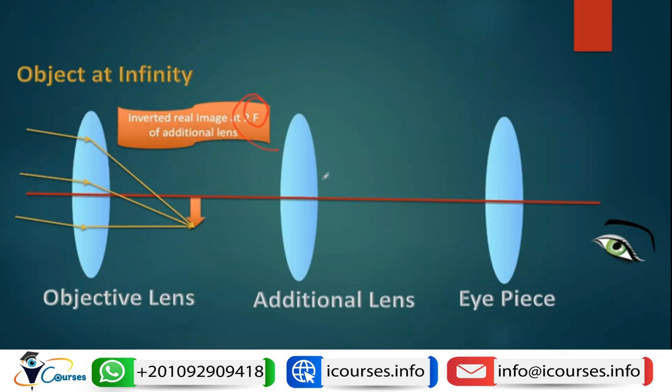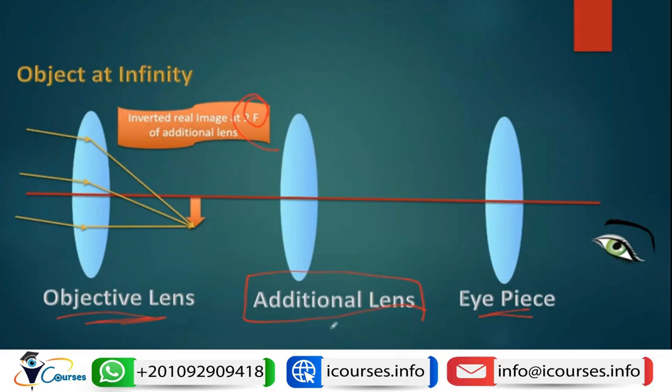So in a terrestrial telescope, we add an additional lens, located between the eyepiece and the objective lens, and the image of the objective lens will be placed at double focal length of this additional lens.